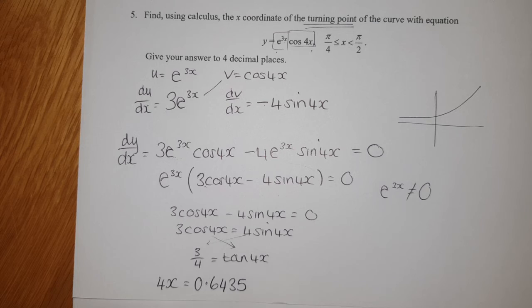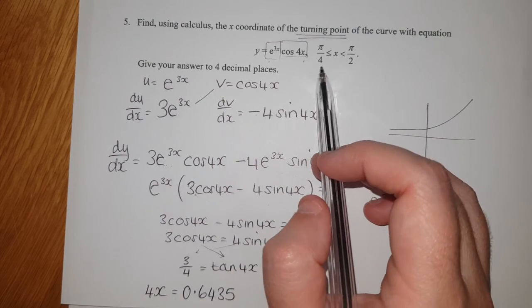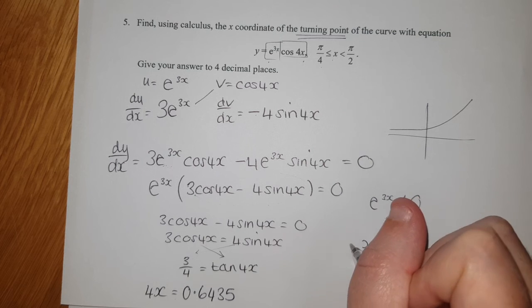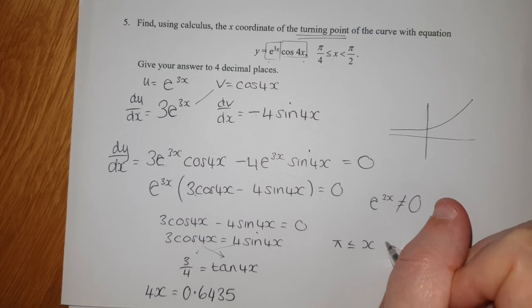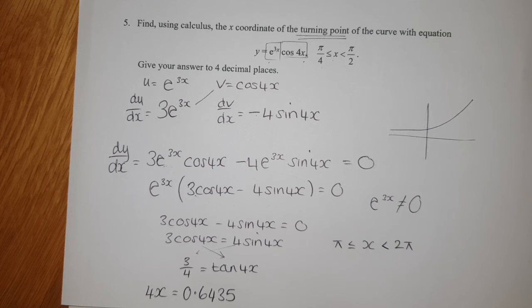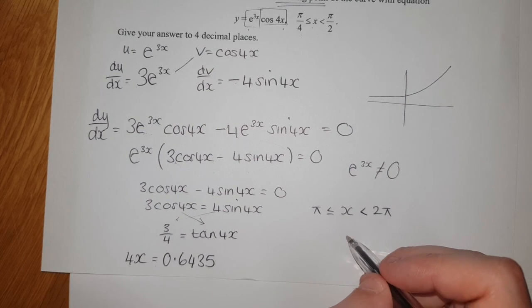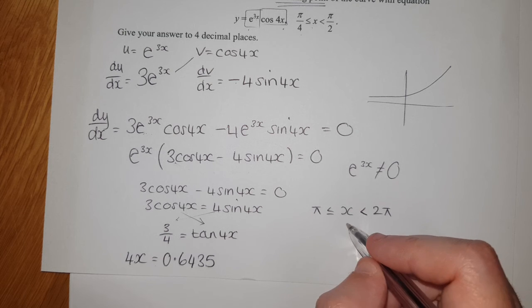Okay, but remember, this is your 4x value. So your region is now 4 times this. So the region you're testing in is actually between pi and 2 pi. So you need to think about your tan graph between pi and 2 pi.